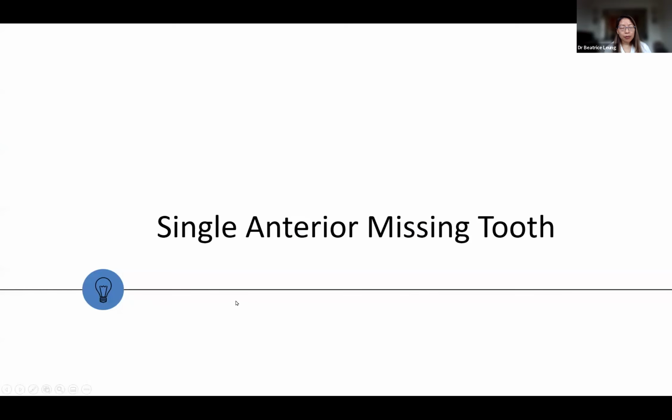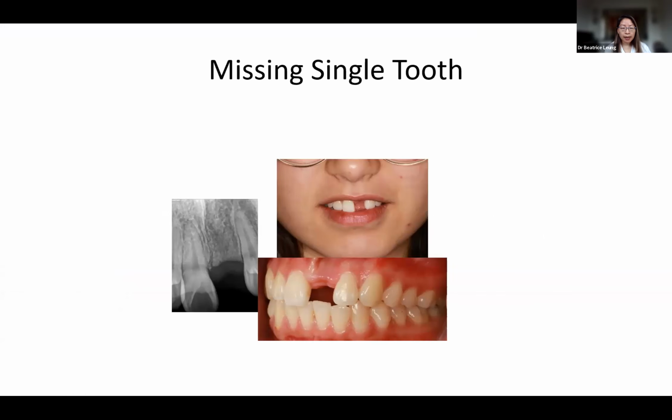Today, I really just want to focus on this specific scenario of a single missing tooth. Something like that. A young patient who may have lost a tooth in the area. It's very common through a bike accident, trauma, whatever. And the rest of the teeth are pretty unrestored, and you have a young patient who needs to be planned for replacement.